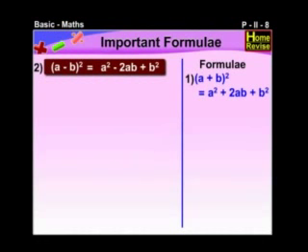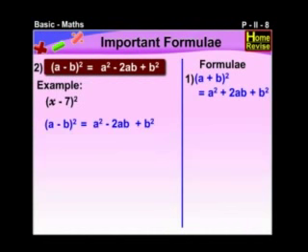Second formula: (a minus b) whole square is equal to a square minus 2ab plus b square. Take one example. (x minus 7) whole square is equal to. Now apply the formula.